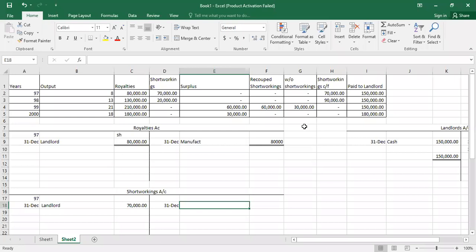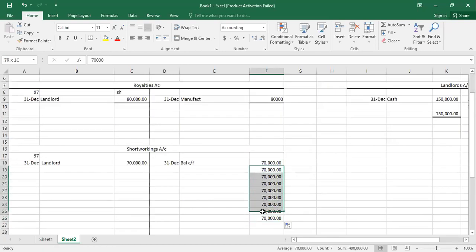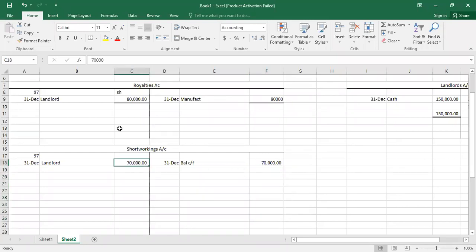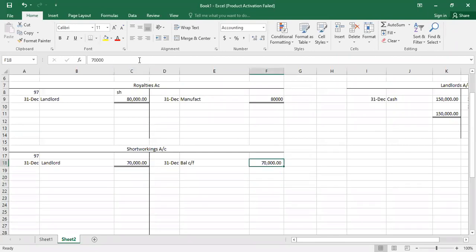So our balance carried forward is 70,000. And I close the books. I'll copy the formula in the subsequent. There we are. So that is for the year 1997. So we go to the year 1998.